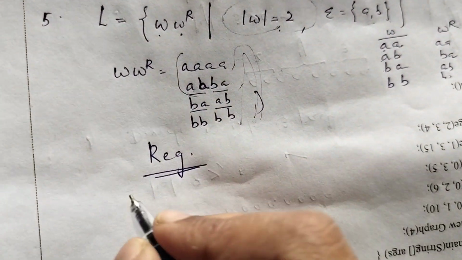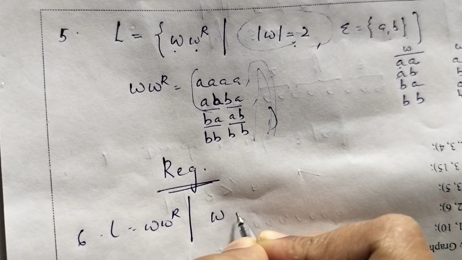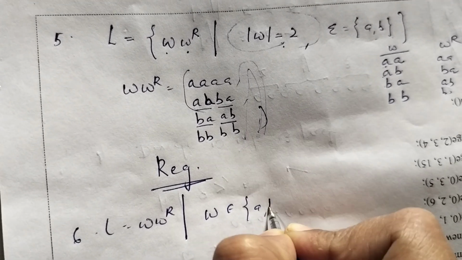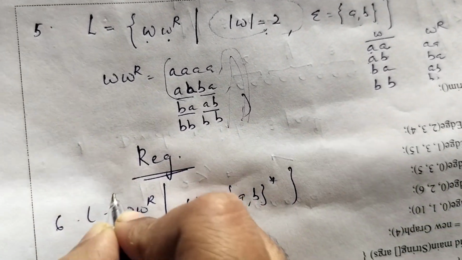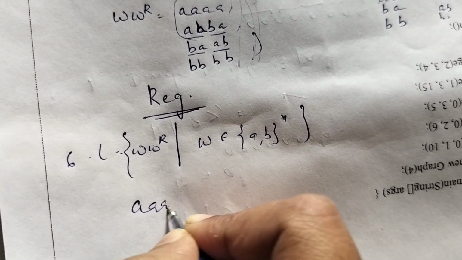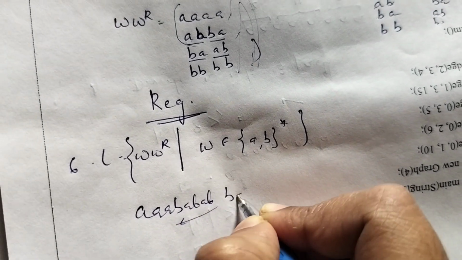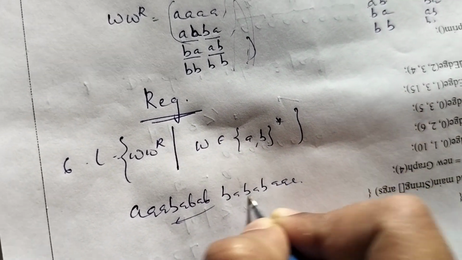Let's see one example. L equal to W power R such that W belongs to {a, b} the whole star. Suppose W is a string of some length, then the reverse will be its reverse, for example BA.